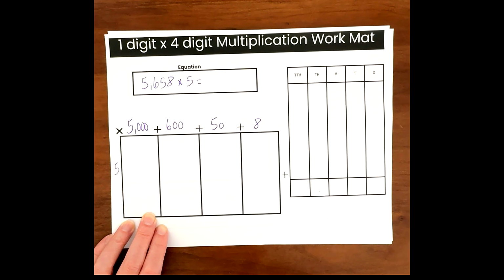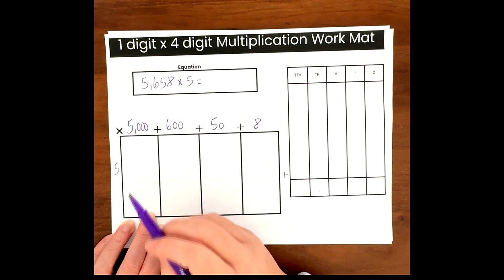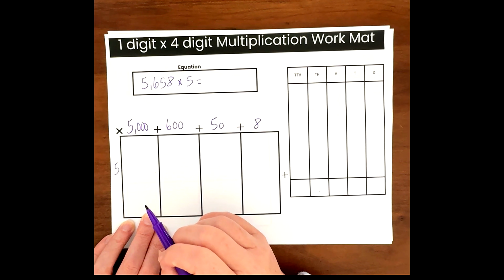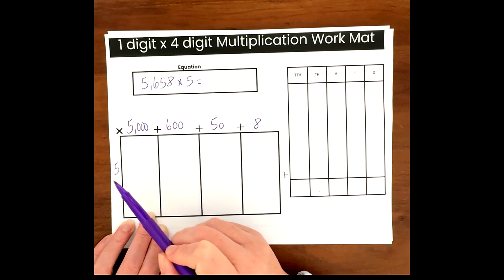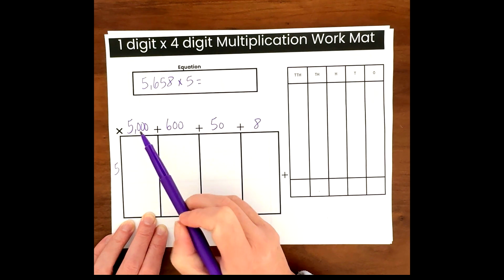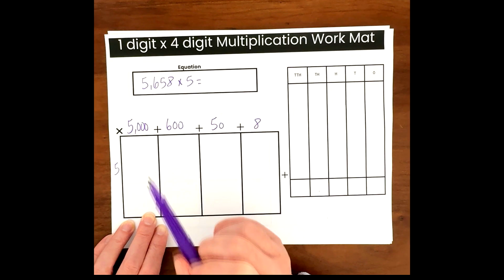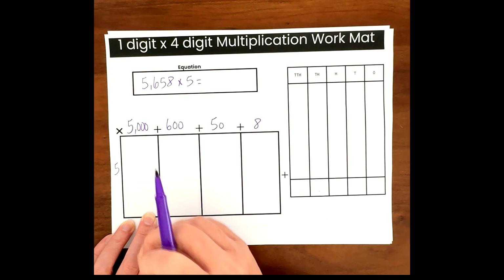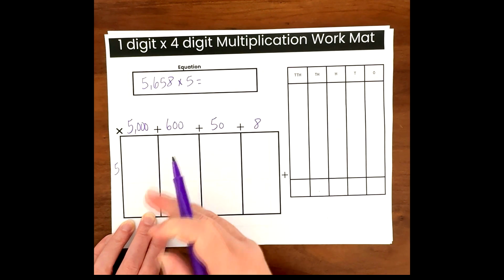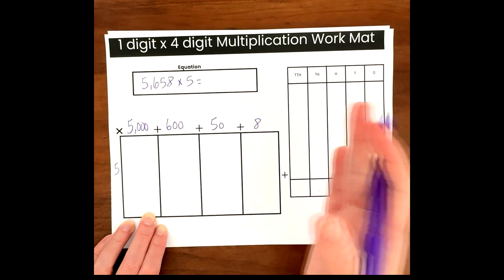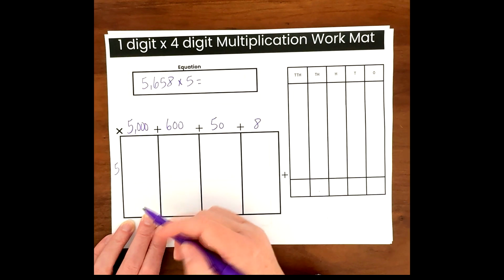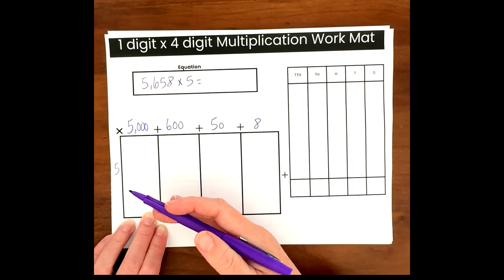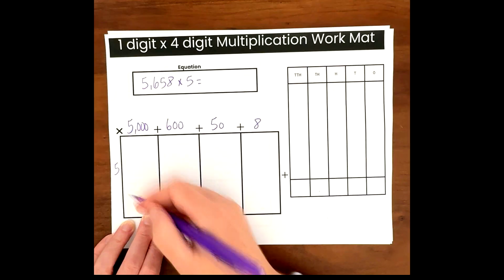The reason why I don't allow them to do it in their head is because they make silly mistakes, especially if they have a product of, let's say, 5 times 4. 5 times 4 is 20, but then we also have 3 more zeros. Oftentimes they count that 0 in the 20 as one of the 3 zeros, and that skews their whole problem and their whole answer. So that's why I always tell them, non-negotiable. We have to write the equation first.